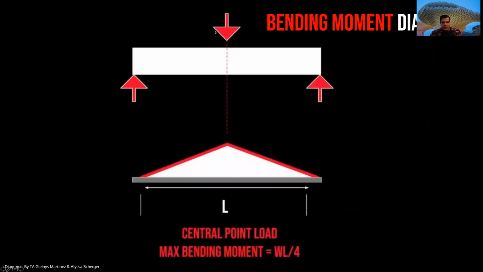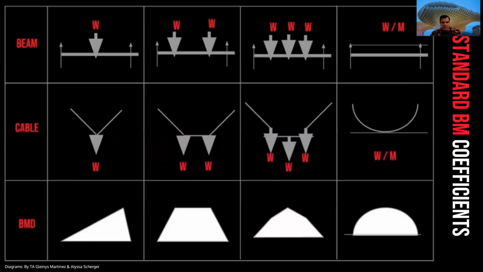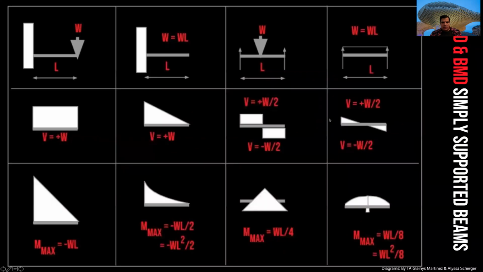Well, if we have a central beam, the bending moment will be a curve like this. And it is a little bit, sorry, a rectangular line like this. And it's a little bit difficult to understand because we don't have all the other diagrams. But in few words, that is a little bit what happens according to the tables. Well, don't be afraid if you don't get this information yet.